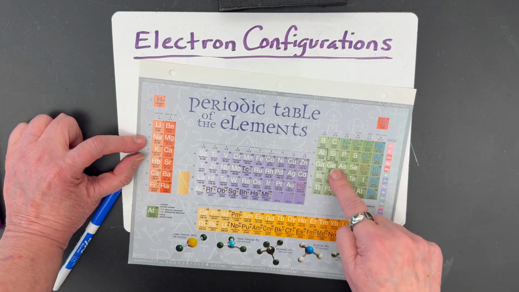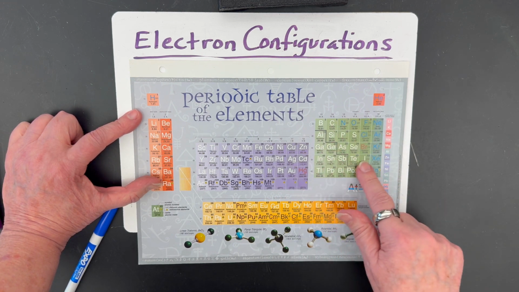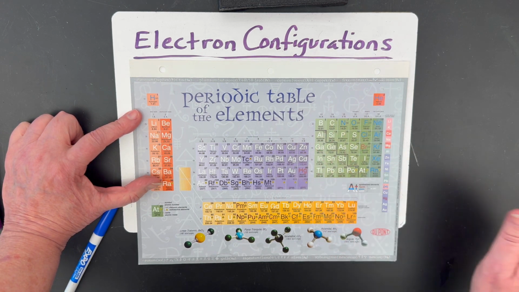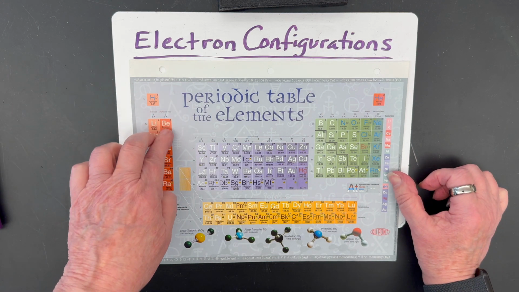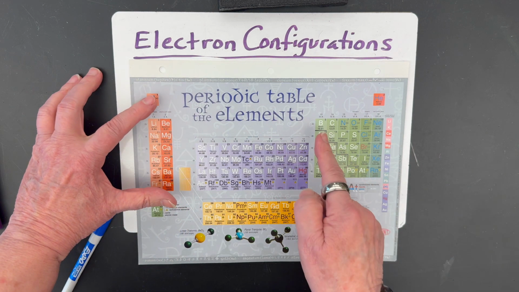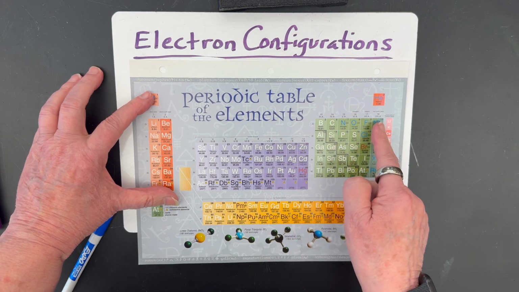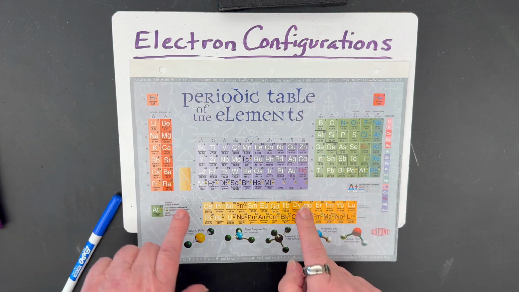The green area is called the P block, and this is where our P sublevel is filling. Notice our S only had 2 columns because it can only hold 2 electrons. Our P block has 6 columns because it can hold 6 electrons.